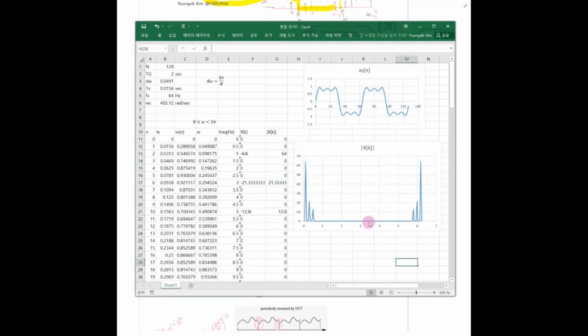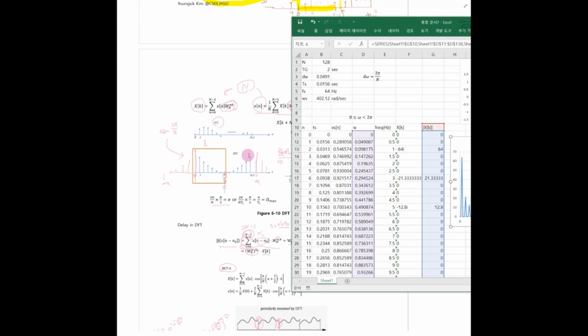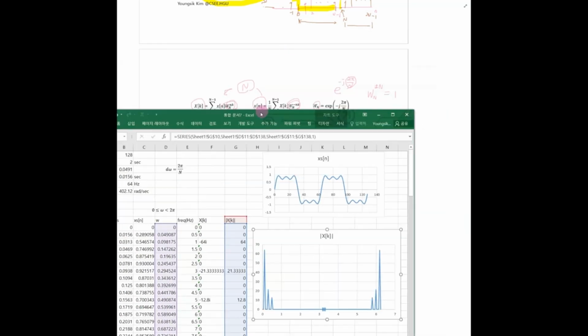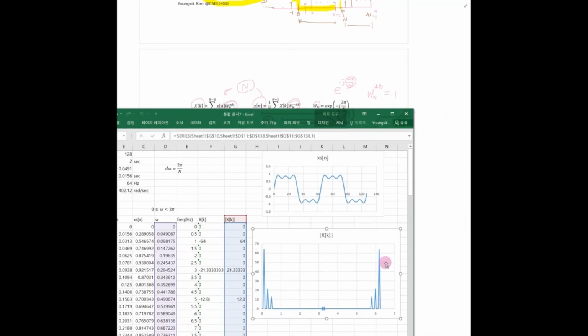Then look here, pi is around here. This one corresponds to this part, and this one is this one. So you can see that the 2 pi is around here.